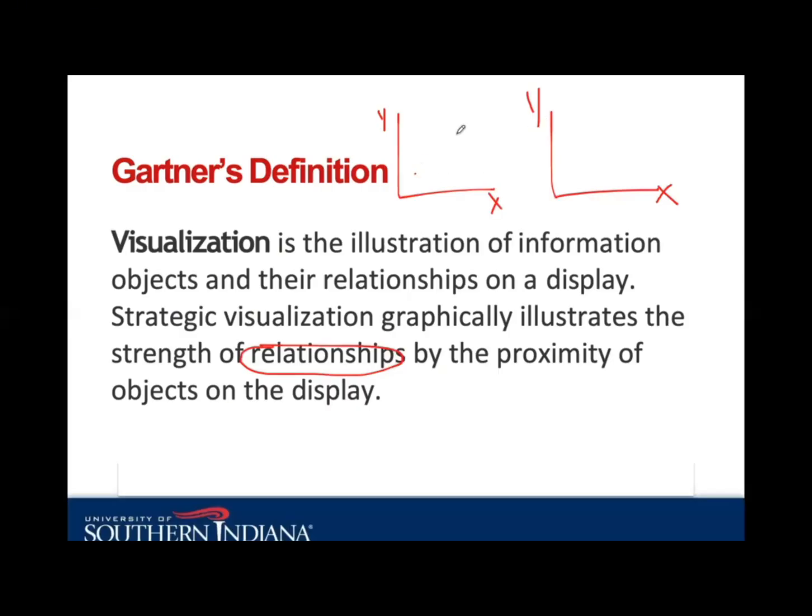If the data has a trend that looks like this, you can say they have a positive relationship, meaning that when the value of X increases, the value of Y will increase as well. So for instance, you can see that the more years of education you have, the more money you will make in the future.